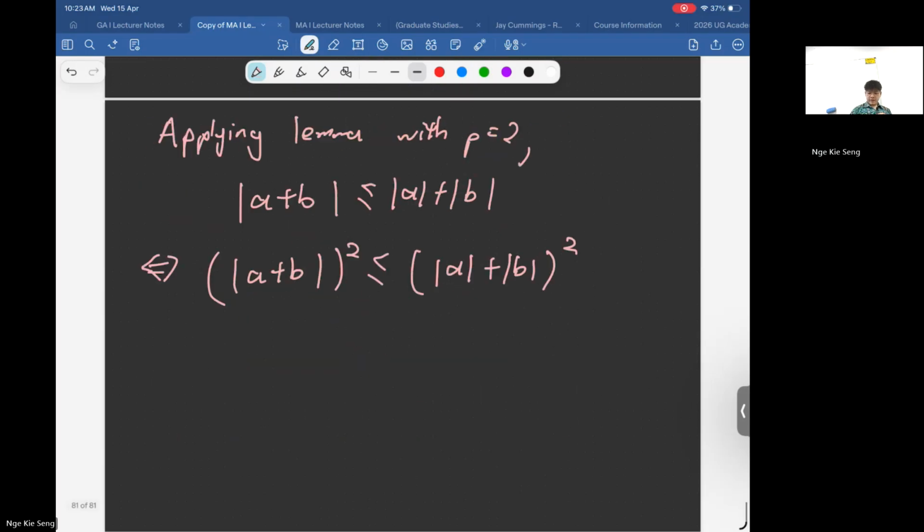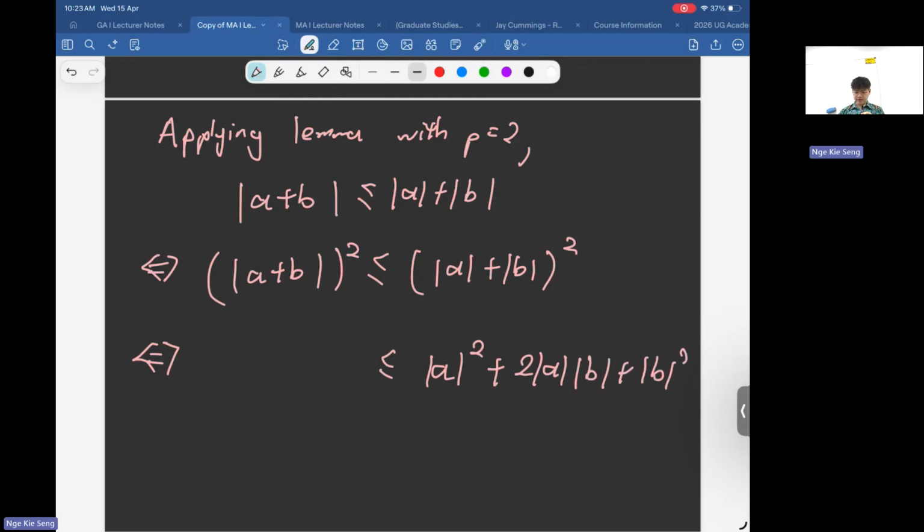How do you square? On the one side, I think this is obvious: it is this square plus 2 times the absolute value of AB plus the absolute value of B squared. But then how do you square this term?